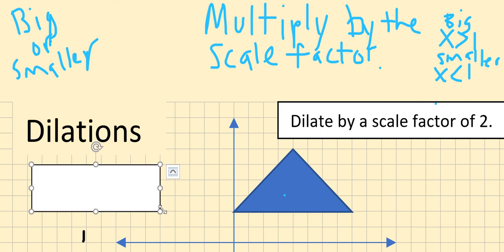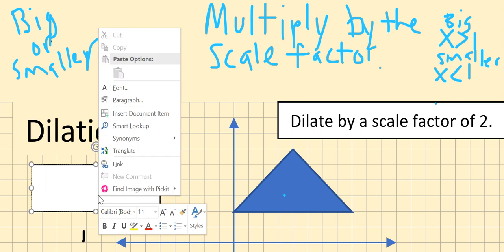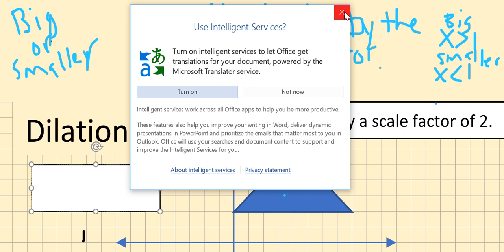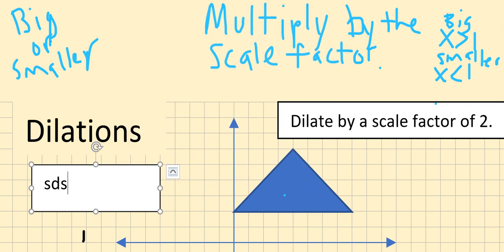Let's say we're going to dilate ABC by a scale factor of 2.